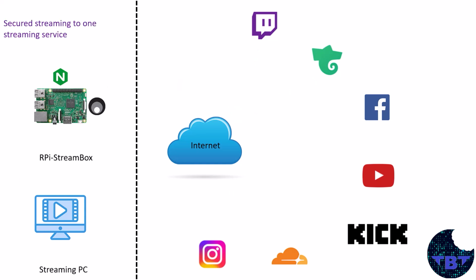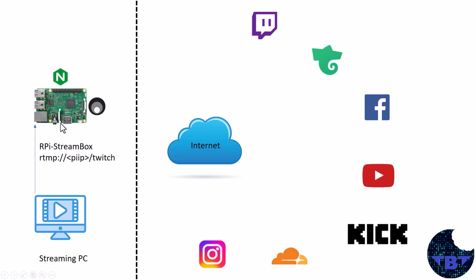Then we have the option of secure streaming to only one service. It's basically the same thing, but there's an extra step that goes in here. So when our computer points to a Raspberry Pi saying that we need to point to Twitch, but we have already configured Twitch in our Raspberry Pi StreamBox server to be secured, then this is what happens.